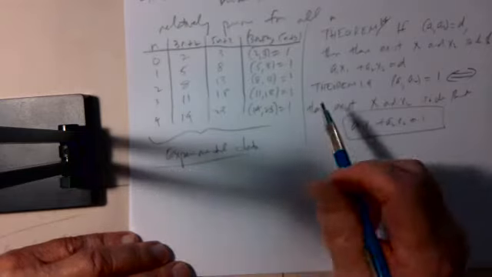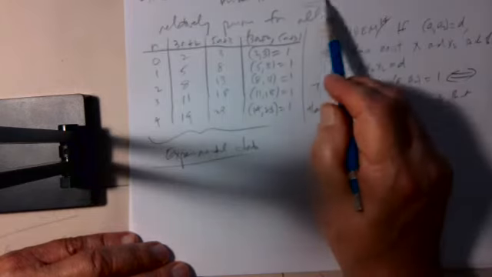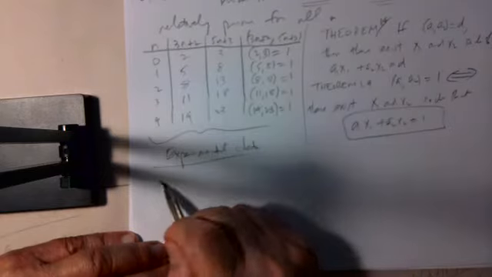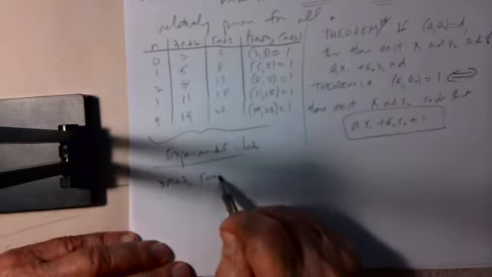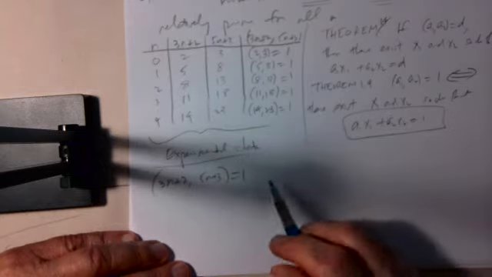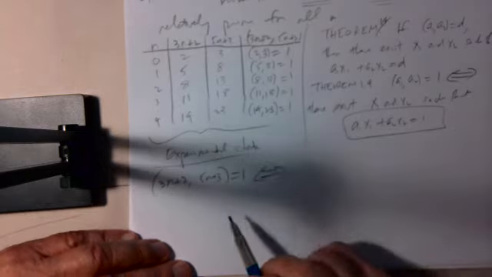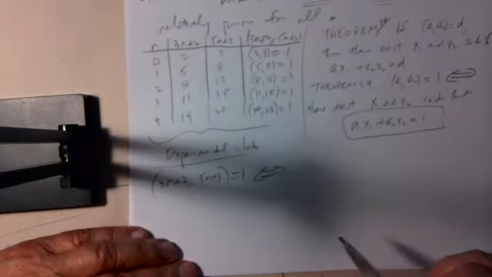So if we want to apply this to these two numbers, 3n plus 2 and 5n plus 3, these are relatively prime if and only if you can find integers.